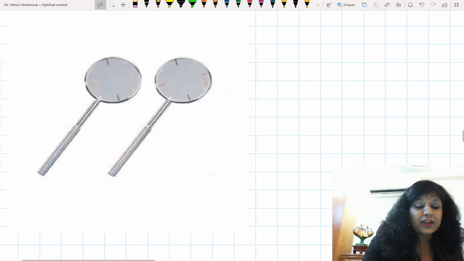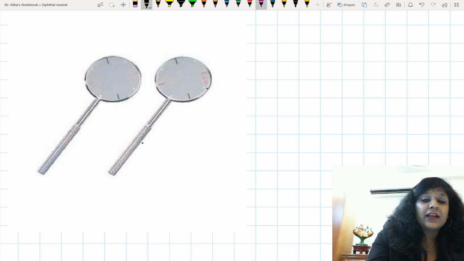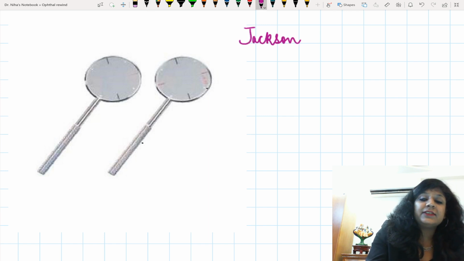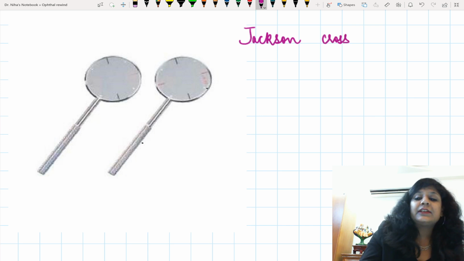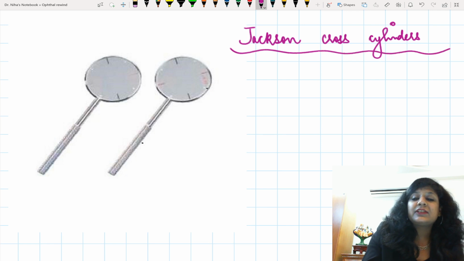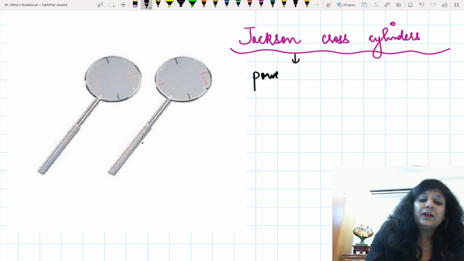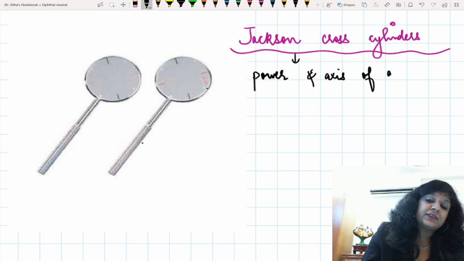Okay, now what are these? These are the cylinders. Can you see? These are the cylinders with the handles. So these are called the Jackson cross cylinders. This test, which we are doing with the help of the Jackson cross cylinders, is used for the power and the axis of the astigmatism.